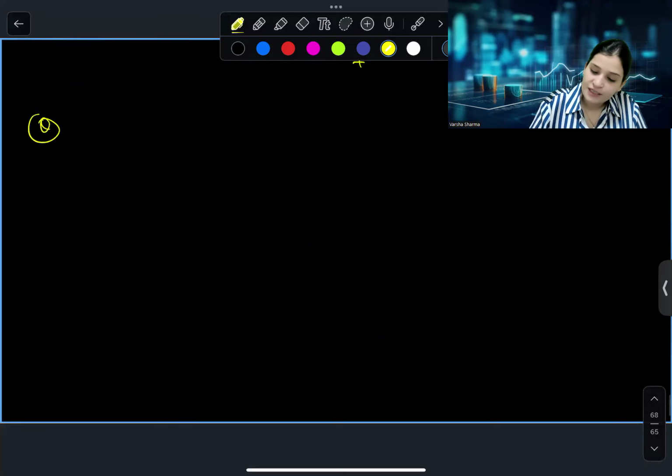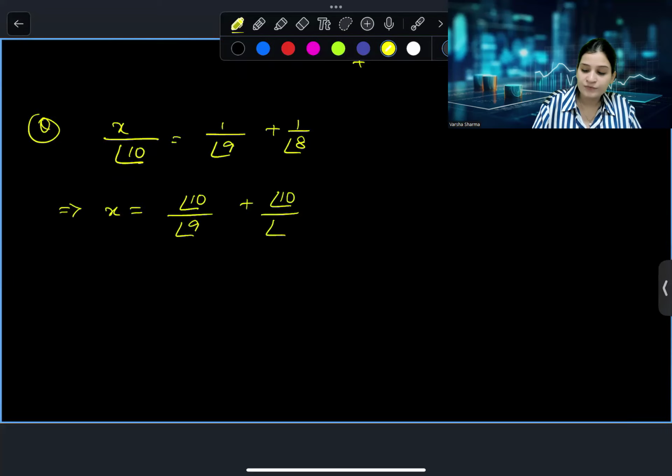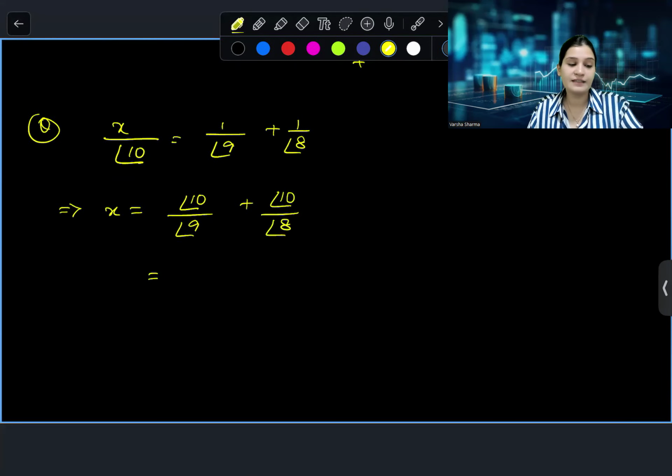Suppose I have a question. X divided by factorial 10 equals 1 by factorial 9 plus 1 by factorial 8. You can do trial and error or send factorial 10 to the right side. It will go to each and every number. Now, simplify this.